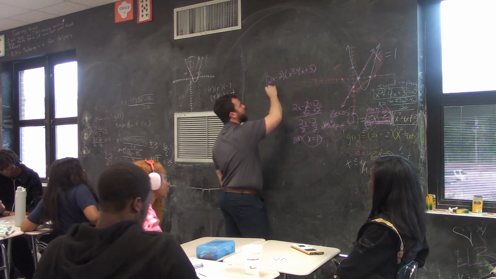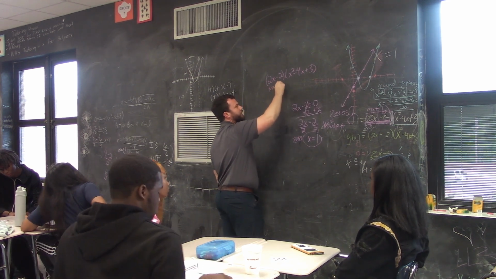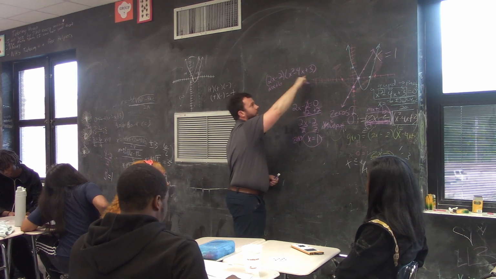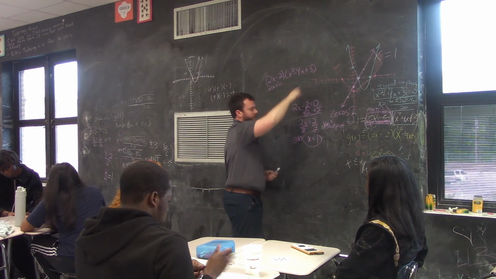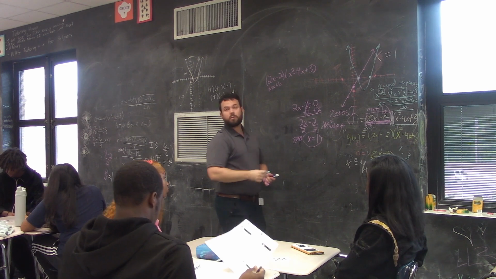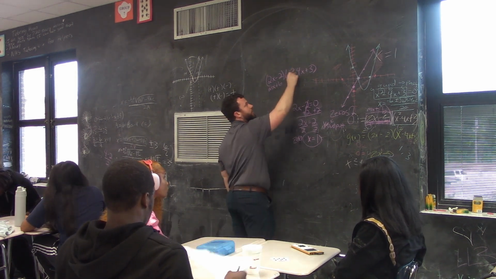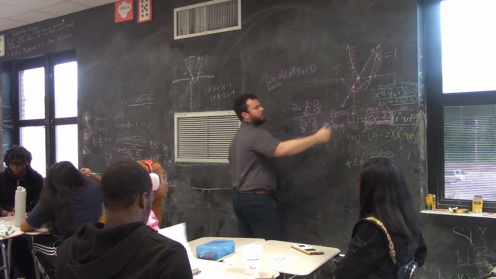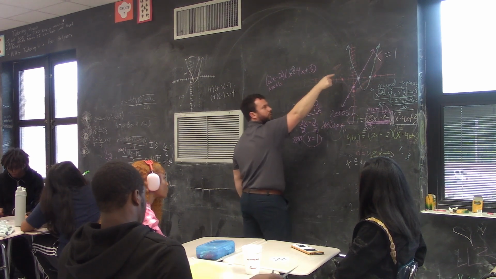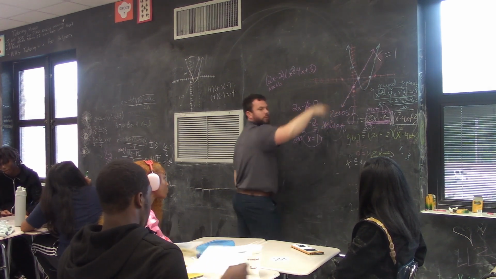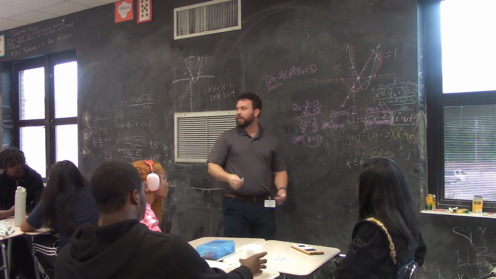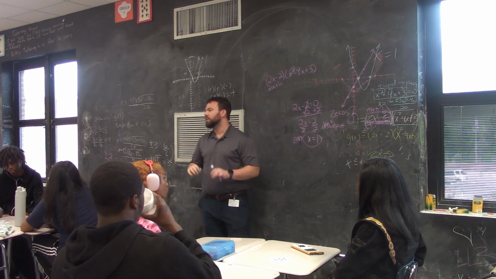We've got to be able to recognize mx plus b. That's a linear function. When I look right here, what tells me what type of function this is? The square. That square alone tells me that it's going to be a quadratic, which has what shape? Parabola, right?